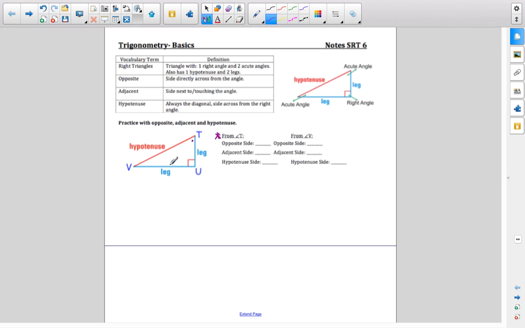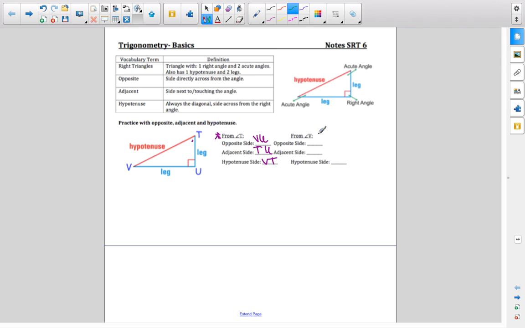It would have to be over here, and that would be side VU. The adjacent side to angle T could not be the hypotenuse because that's always the hypotenuse, so it's the other side that actually touches angle T. That would be TU. And the hypotenuse, of course, is always the hypotenuse, so that's VT.